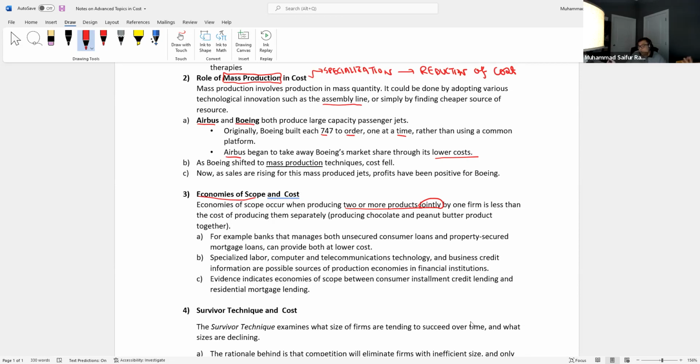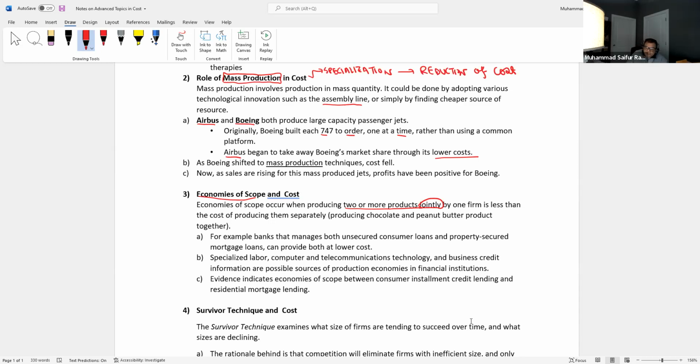You produce these goods jointly rather than separately. Why? Because probably they share the same kinds of inputs, probably they require the same kind of labor force, probably the production plant requires the same kind of calibration. Now, if there are goods like that, which when produced together will cost less than if they are produced separately, we will have something called economies of scope.